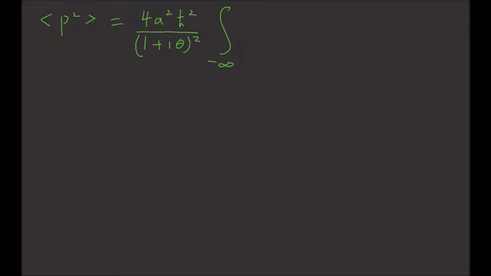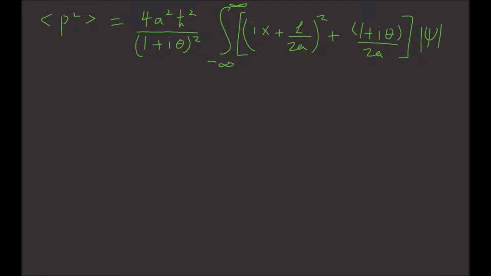From minus infinity to infinity of psi, psi star Ix plus L divided by 2a square plus 1 plus I theta divided by 2a times the probability density times dx.